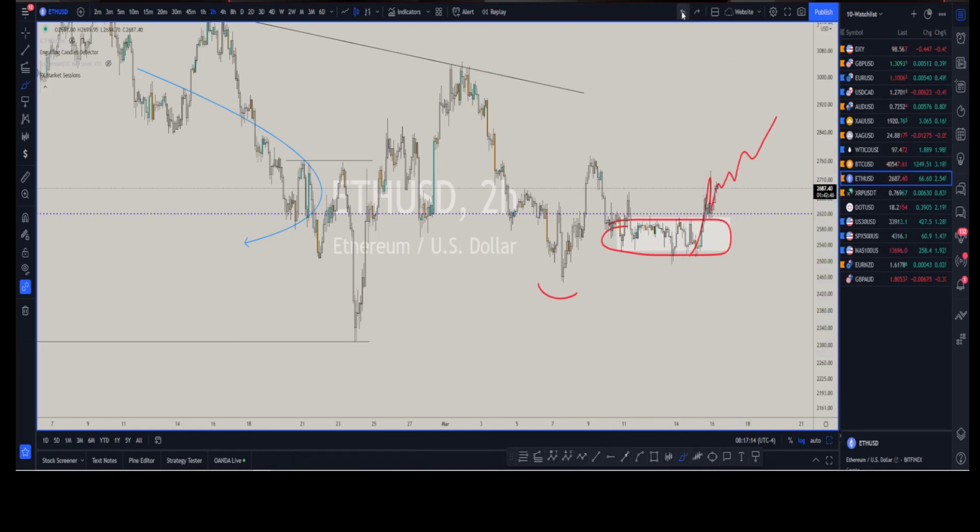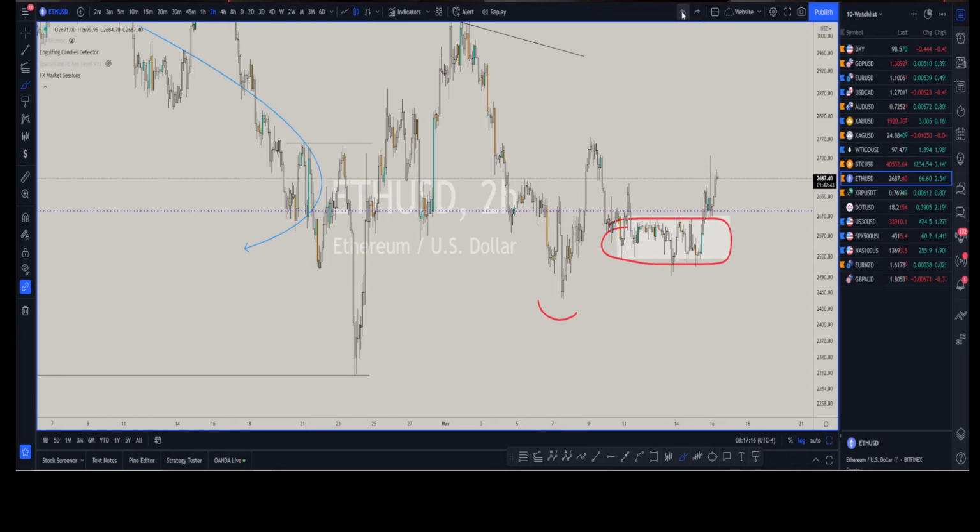See, there's many ways to look at the market. It's just how your brain would absorb that and translate it for you to be able to have a proper edge. There's many ways.